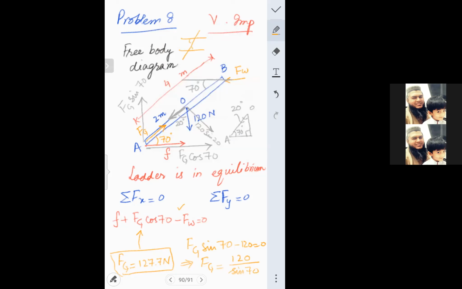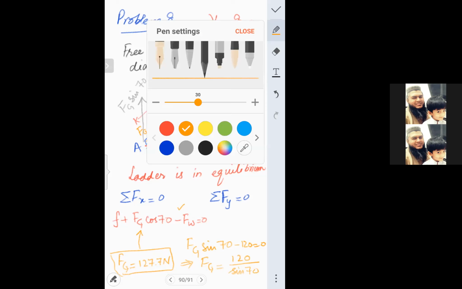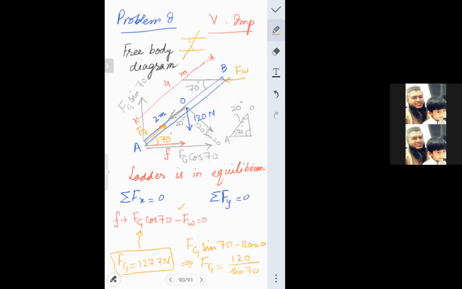So if the angle beneath is 70 degrees, the angle drawn in gray is also 70 degrees. So the effective component, that is the vertical component of Fw, will be Fw sine of 70. Fw cos of 70 will be in the direction of the ladder, which is not required. The vertical component is required.